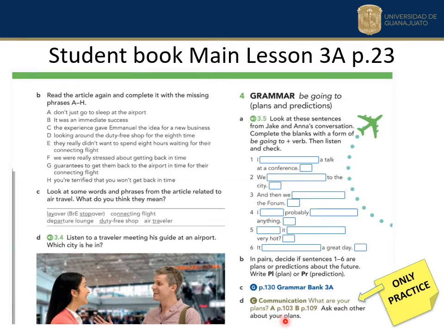And you already have these questions from page 103 and page 109 in the PDF that I share with you. Those who already have the book, well, you just have to go to these pages.